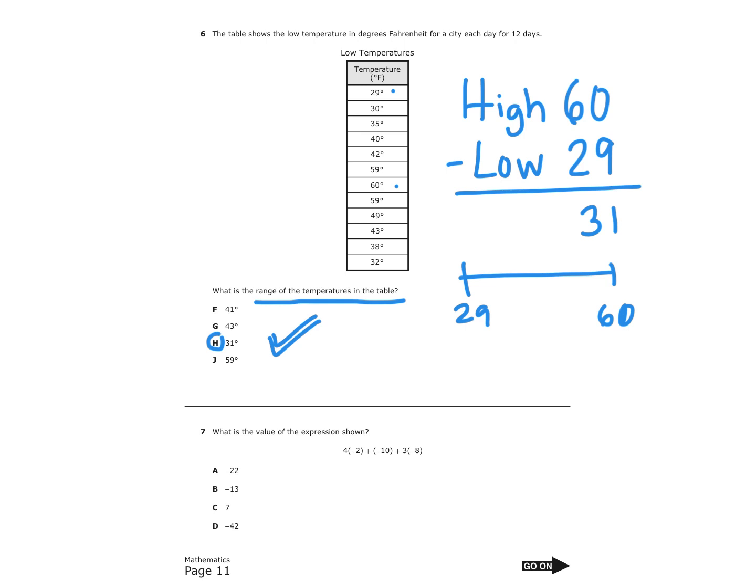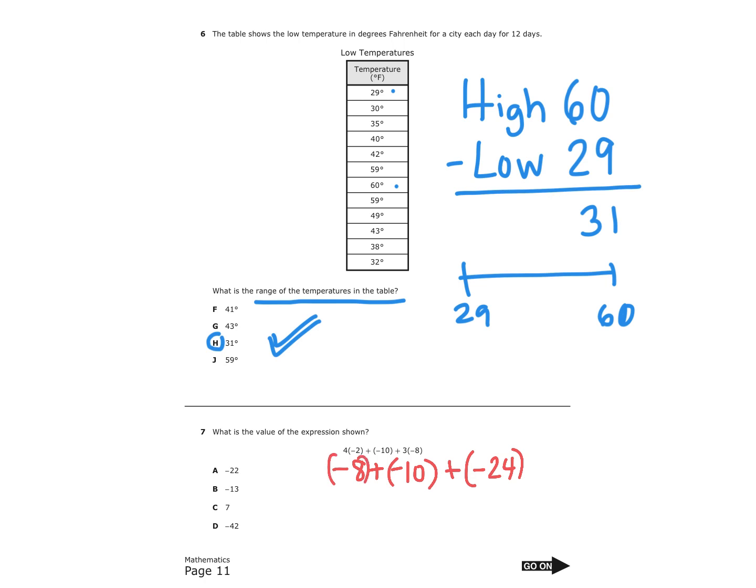Okay, so for number 7, what is the value of the expression shown, 4 times a negative 2 plus a negative 10 plus 3 times a negative 8? So if you multiply 4 times a negative 2, 4 times 2 is 8, but that's a negative 8, plus a negative 10, and then plus 3 times a negative 8, that would be 3 times 8 is 24, that would be a negative 24.